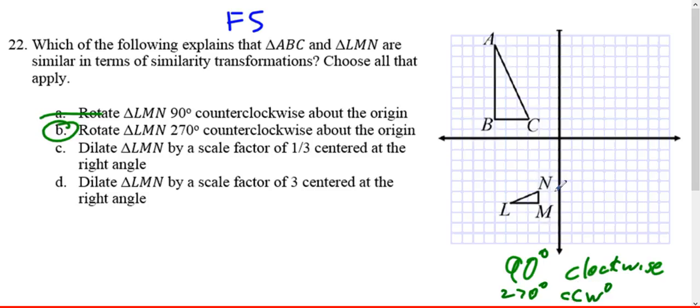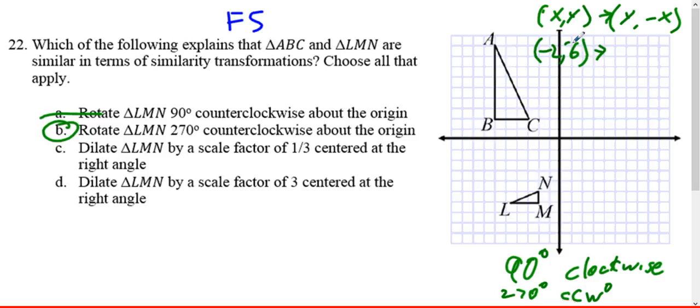So when we do that, the rule is (x, y) goes to (y, negative x). So let's take this point M right here, which is (-2, -6).